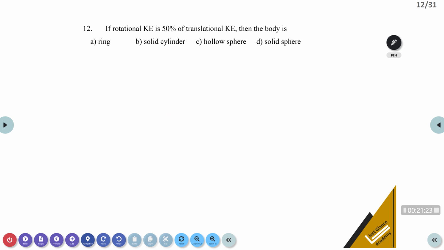If rotational kinetic energy is 50% of translational kinetic energy, then the body is what, he is asking. We know one formula I gave in the regular class also: rotational kinetic energy divided by translational kinetic energy equals k square divided by R square.